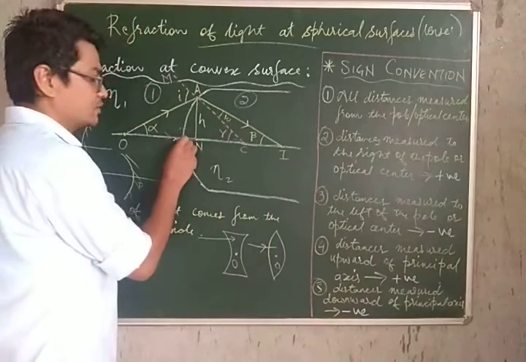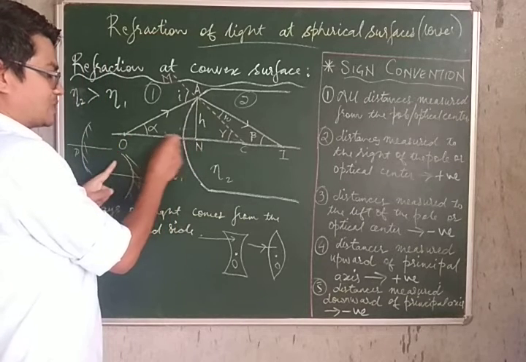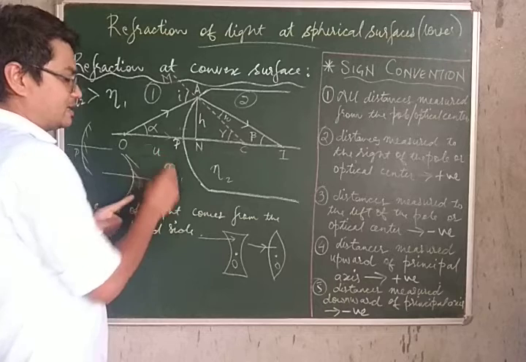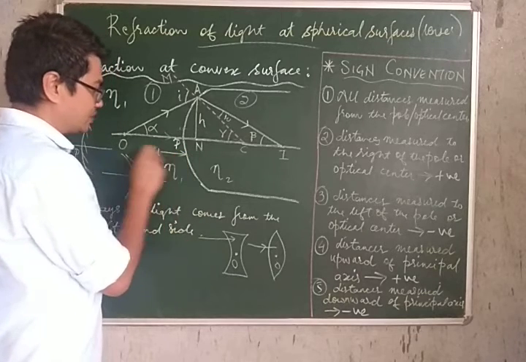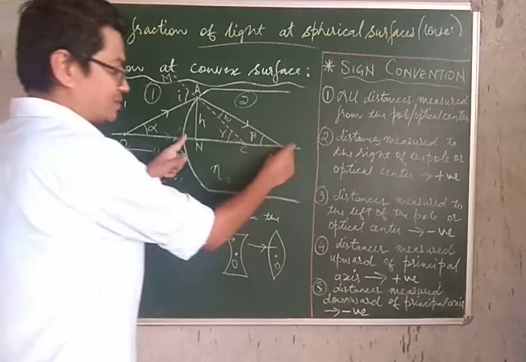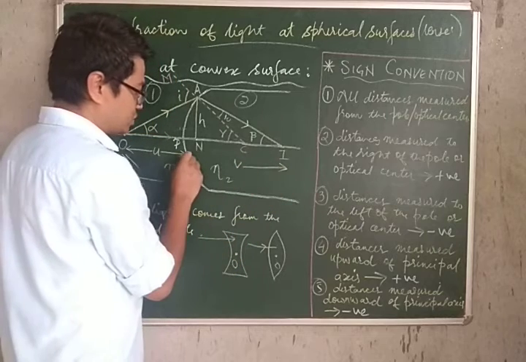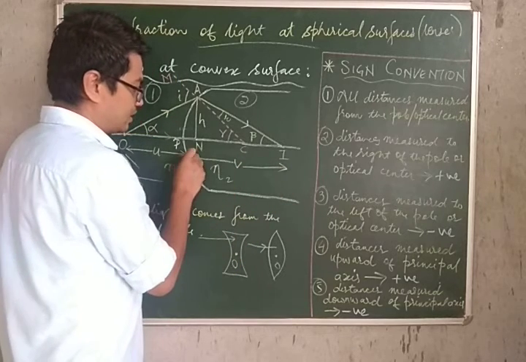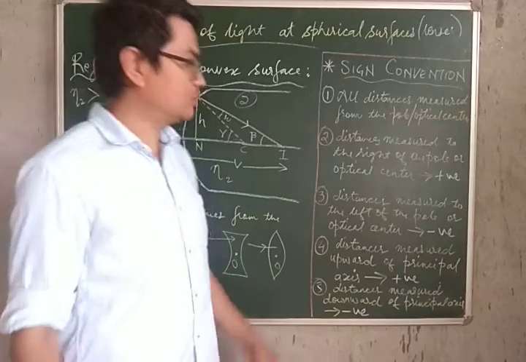So in this case, the distance of the object from the pole is measured to the left hand side, and object distance is generally denoted by u. So this would be u, object distance, measured from the pole. Likewise, image distance measured from the pole is v. Image distance is denoted by a small v. General standard notations I'm talking about.